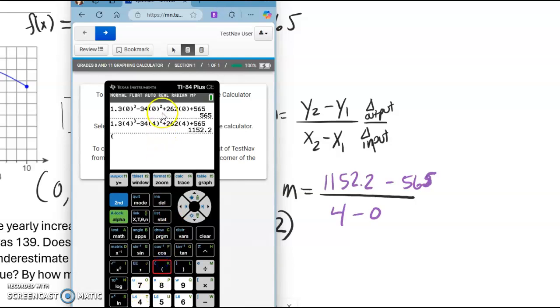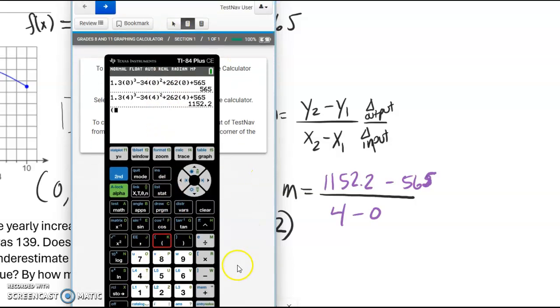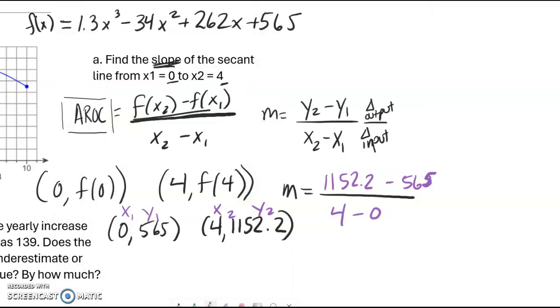Now, the numerator I will surround with parentheses and surround the denominator also with parentheses. And let's hit enter. Now this problem says to round to the nearest whole number. So even though I get 146.8, if it wants it rounded to the nearest whole number, I'm going to say 147. And that would be my answer to part A.